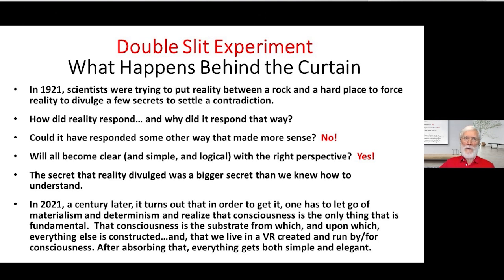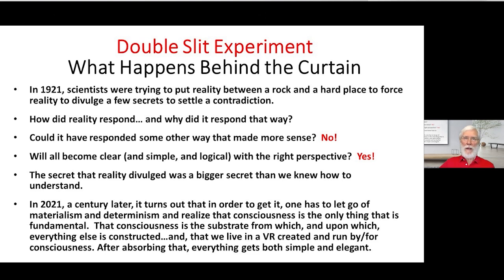Well, quantum physics didn't start on a dime either. So that's part of the beginning of quantum physics. Okay, so could reality have responded in some other way that made more sense? And the answer to that is no. We will show that reality, consciousness, the rendering engine of this virtual reality, could not have done it any other way.